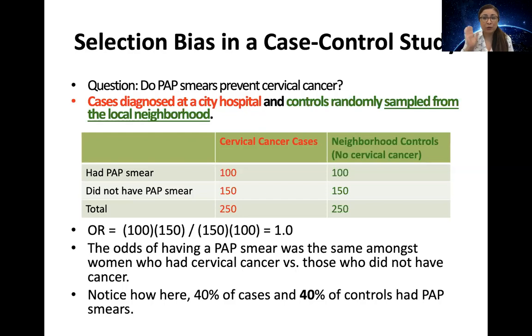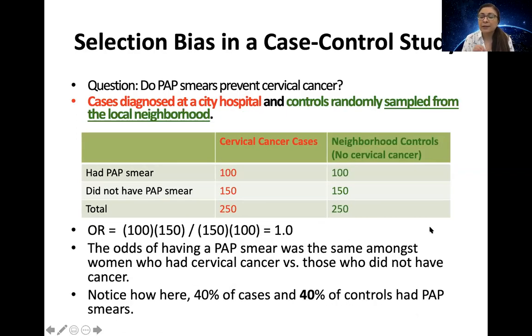And you should be thinking to yourself, why am I getting a different result? And notice here, 40% of cases and 40% of the controls had a pap smear versus 60% here.